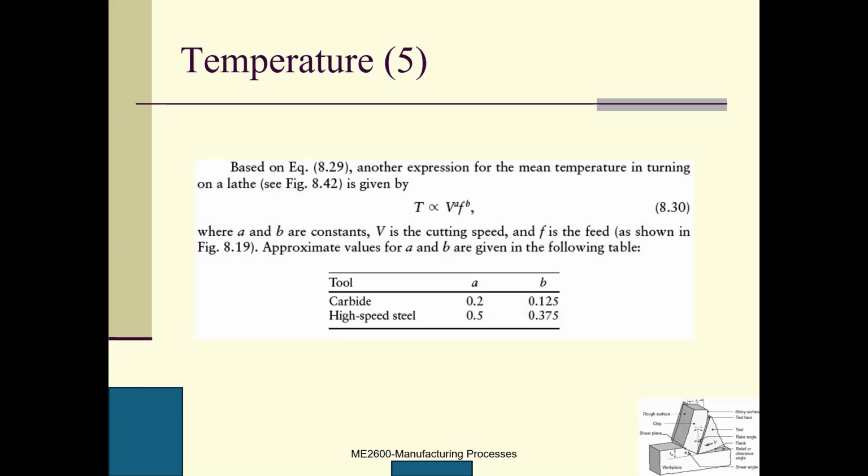For high speed steel, A equals this and B equals this. High speed steel can be used as a tool to cut other materials. This just shows the proportional relationship, but does not give the exact relationship.